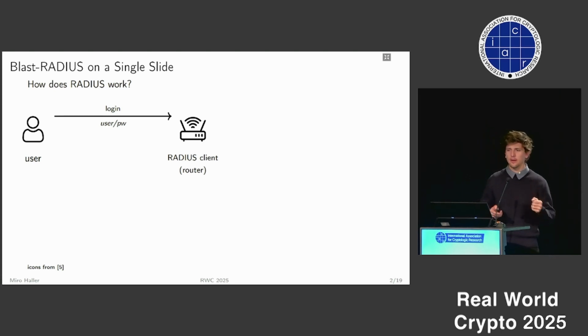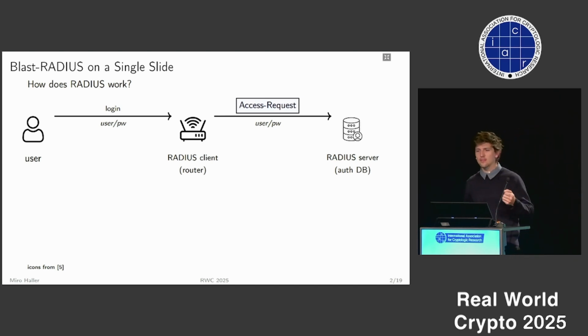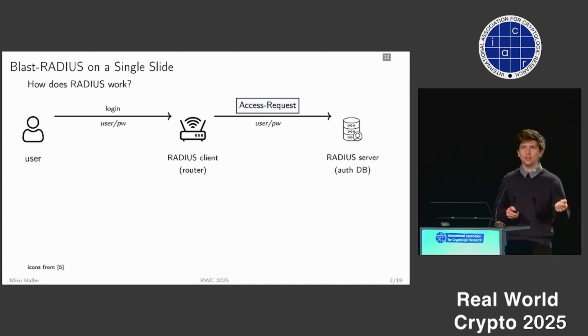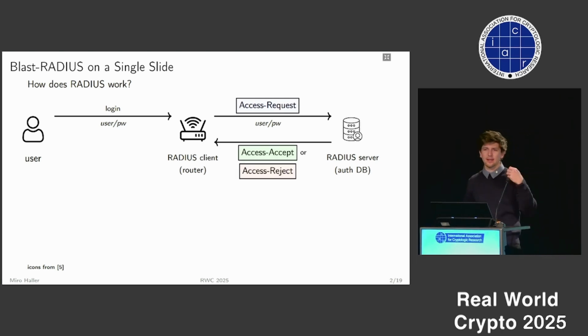And so the router, acting as the Radius client, asks the Radius server whether or not it should grant this user access. And it does this by sending an access request Radius message to the server. The server will then consider the authentication database and decide whether or not to give the user access by sending back a message that's called an access accept or access reject Radius message.